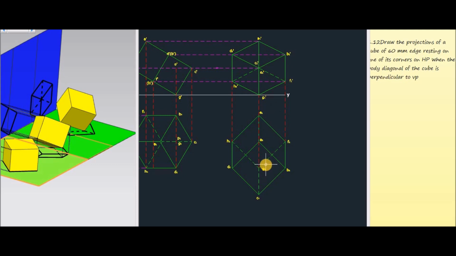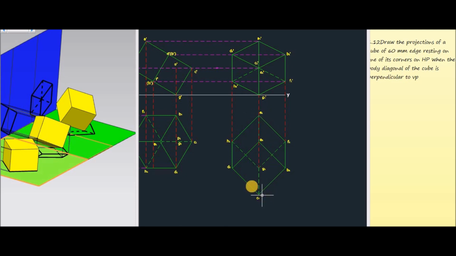From the previous top view, we will get all the dimensions D1, H1, A1, E1, B1, F1, then B1 C1, C1 D1. Measure all these dimensions and transfer them in such a way that the body diagonal E1 C1 is perpendicular to the XY line.